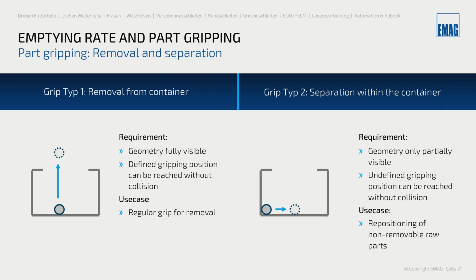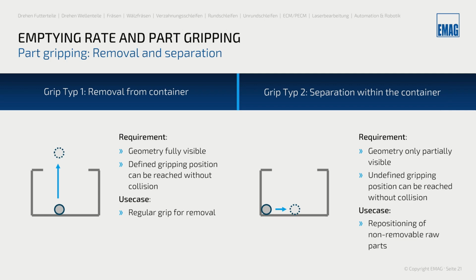First of all, the geometry must be fully visible, and the robot must be able to reach a defined gripping position. On the other hand, we have to separate parts inside the container. Therefore, the requirements are only that the geometry is visible in parts, and we don't need a defined gripping position. We can use an undefined gripping position.